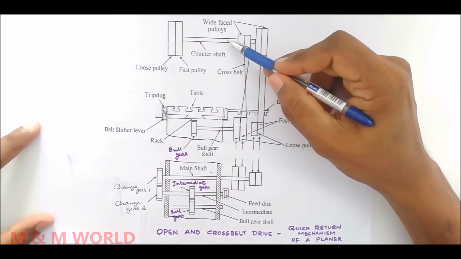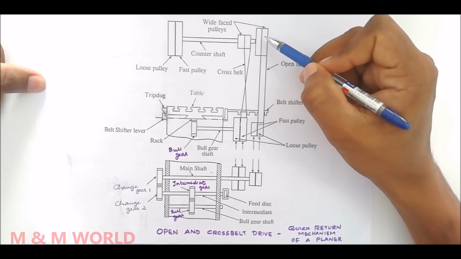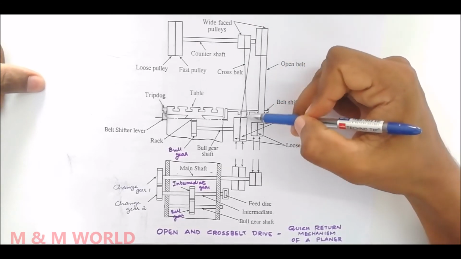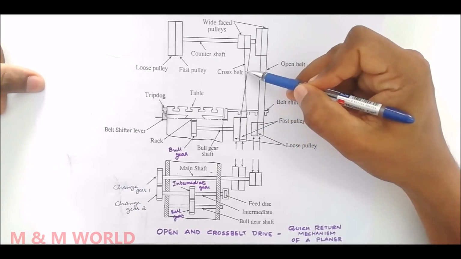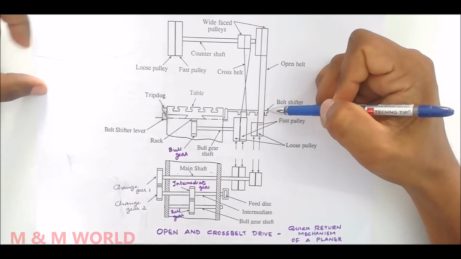So when this counter shaft rotates, the small diameter pulley as well as the larger diameter pulley rotate, so that the motion is transmitted to this pulley through the cross belt and to this loose pulley through the open belt. Now what happens?